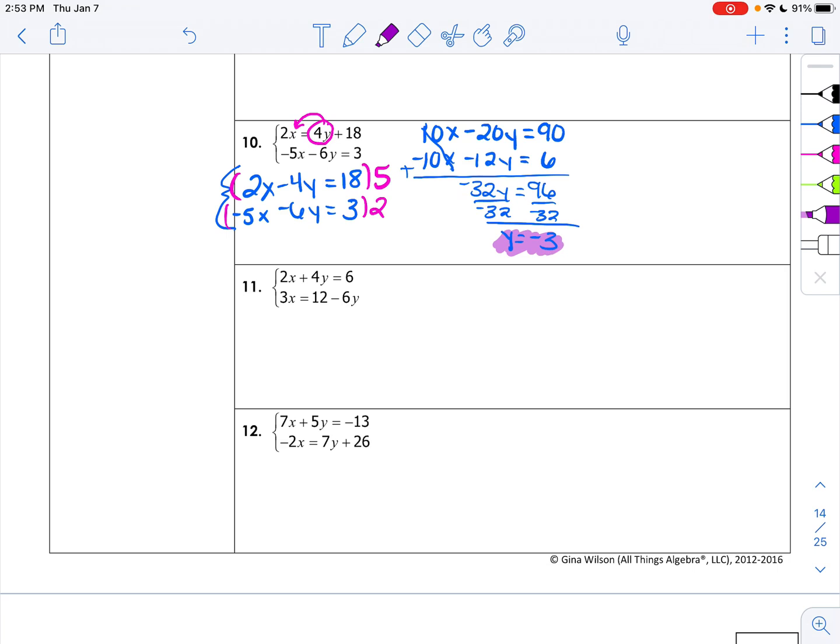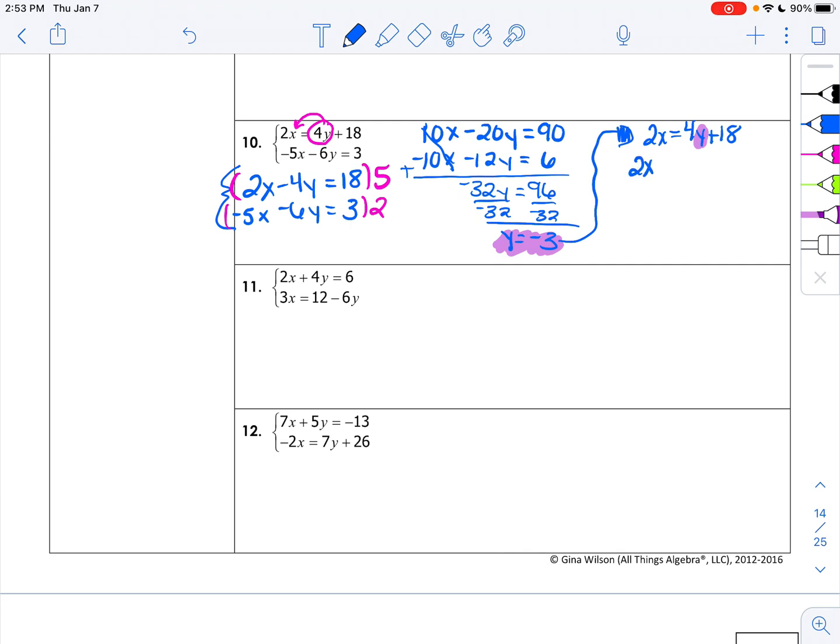I'm going to take this half of my answer and plug it into either one of my original equations. I'm going to plug it into the 2x equals 4y plus 18. And I'm going to be replacing y with negative 3 because I found that that's what y equals.